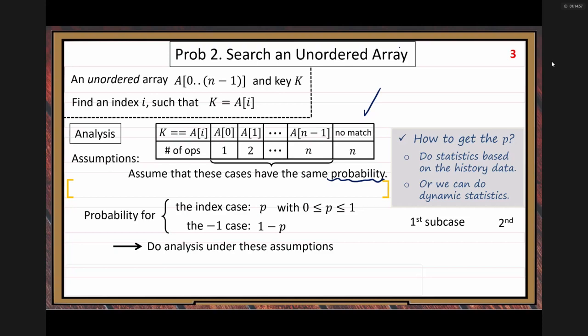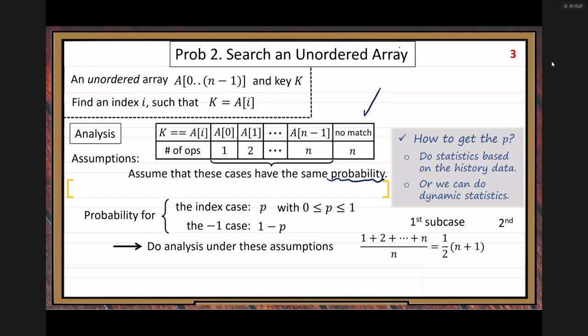We put them together and calculate the average for the first subcase first. Then the no match case, we treat it as the second subcase. So we do the average for these two individual subcases first.